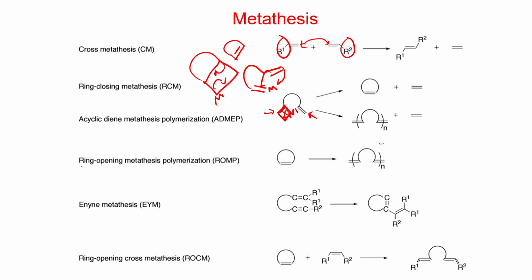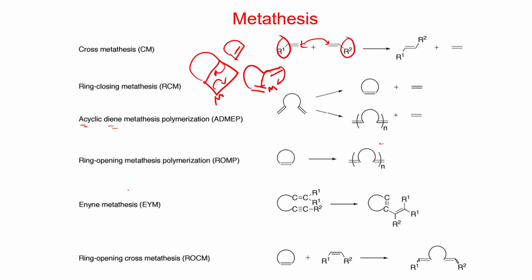That thing would be called acyclic diene metathesis polymerization. So with the same catalyst, these two phenomena can occur, and it can give you different products. The short form for this is ADMET, acyclic diene metathesis polymerization. That's the name.